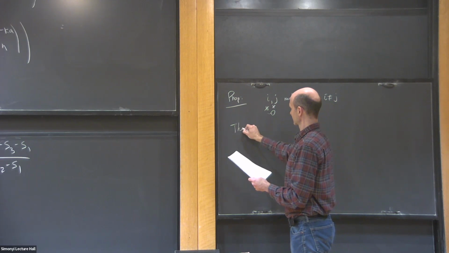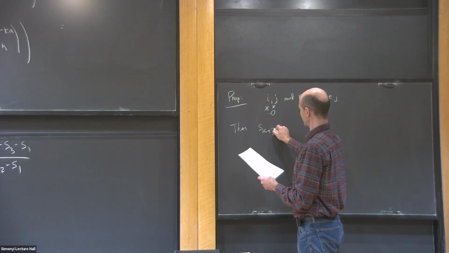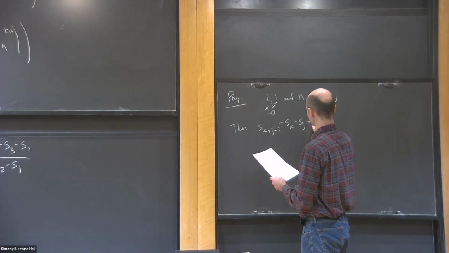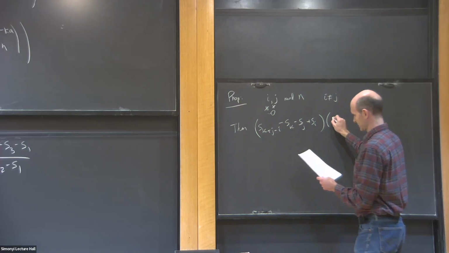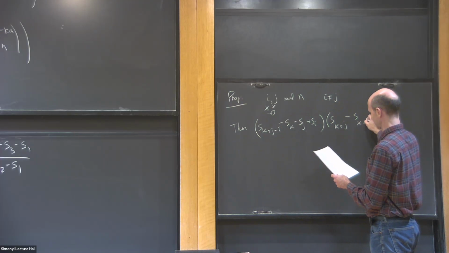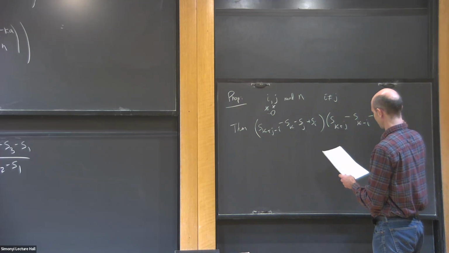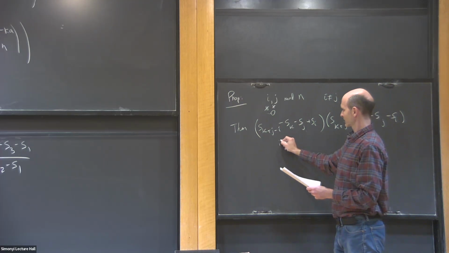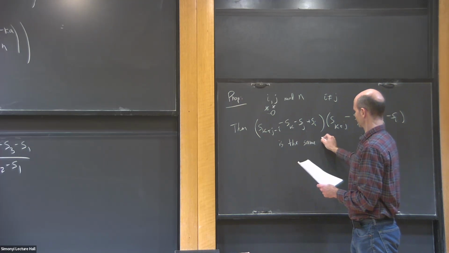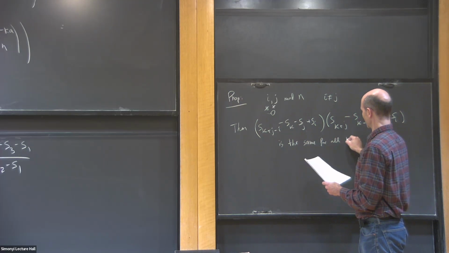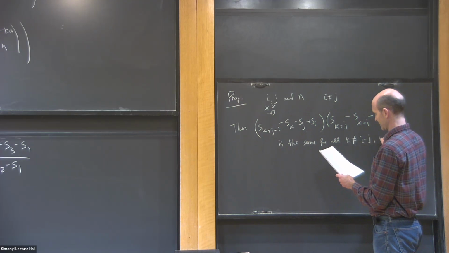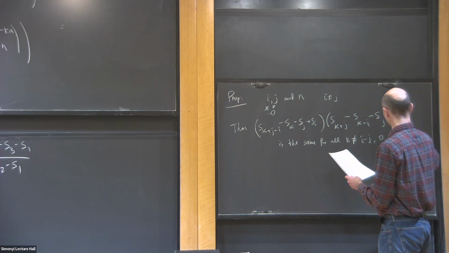Then S_{k+j-i} minus S_{k-j} minus S_j plus S_i, times S_{k+j} minus S_{k-i} minus S_j minus S_i, is independent, is the same for all k not equal to i minus j, 0, i, and negative j mod n.